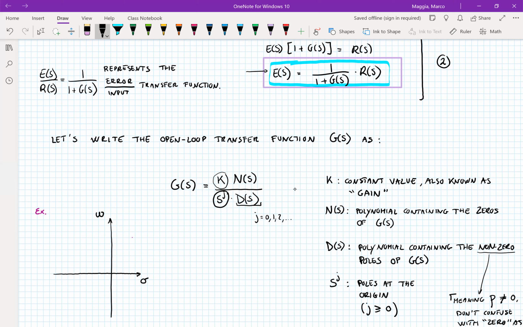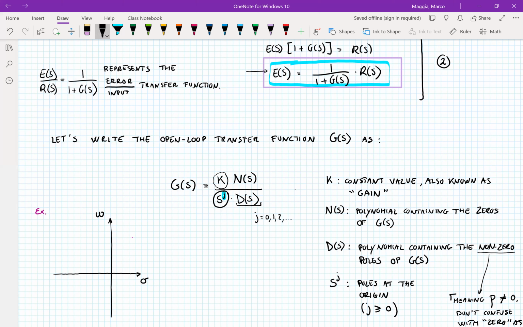And this is very important to be able to represent G of S in this fashion, because the exponent J is known as the order of the system, or the type, I should say, the system type number.